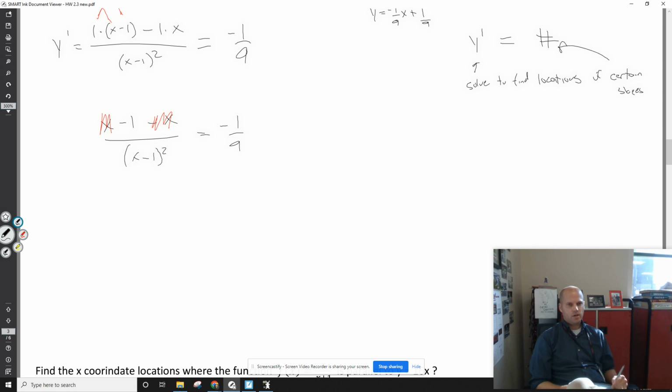And we realize, I just get negative 1 over x minus 1 squared, and that equals negative 1/9. Now we have to solve. We have to be able to do this. We have to practice it.